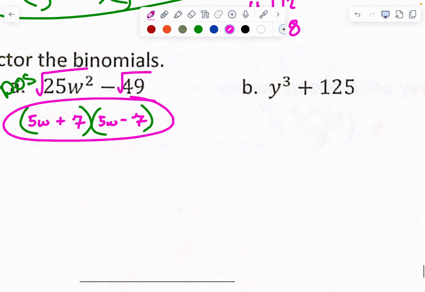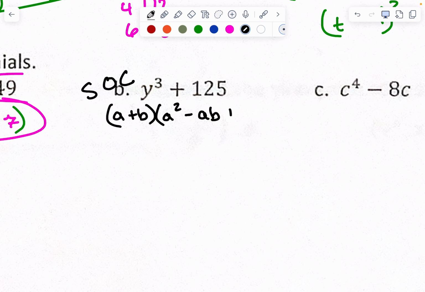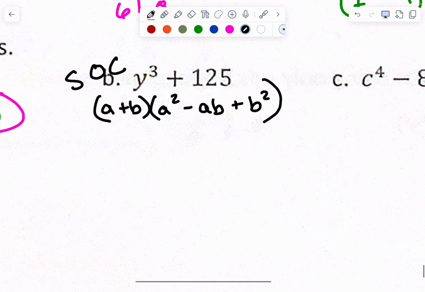What is this one? A sum of cubes. Here's the rule for the sum of cubes. A plus B, times A squared minus AB plus B squared. If I take the cube root, what's A?